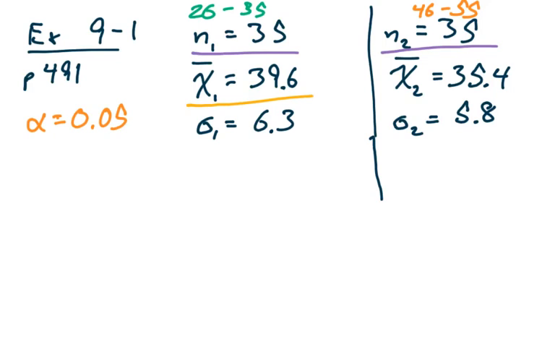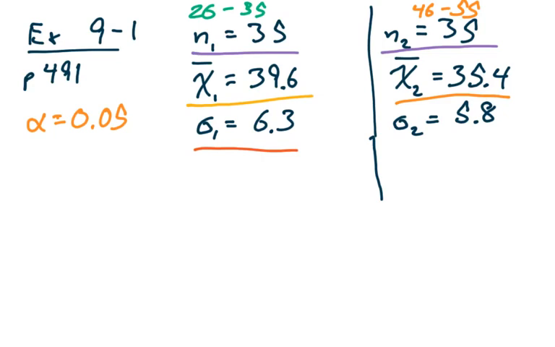And those in the age group from 46 to 55 years of age spent 35.4 hours. So there's our second sample average. Assume that the population standard deviation for those in the first age group found by previous studies is 6.3 hours.